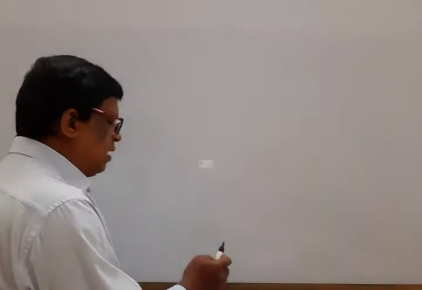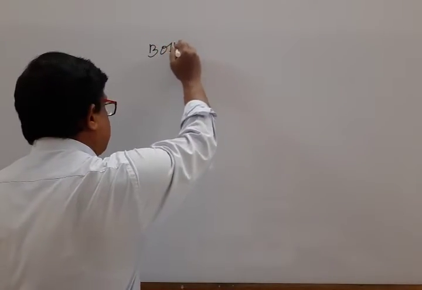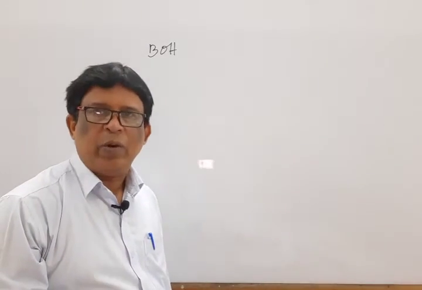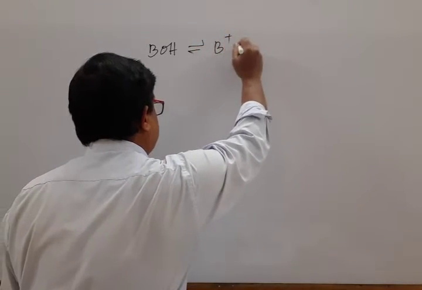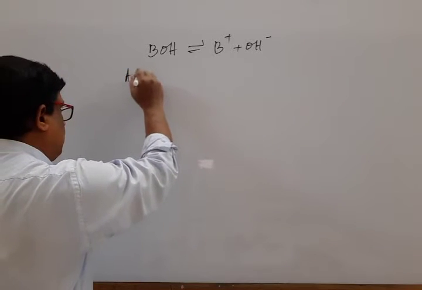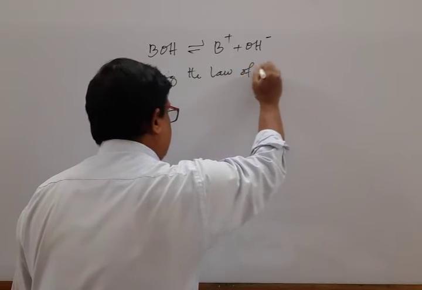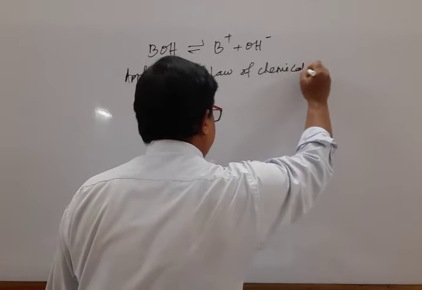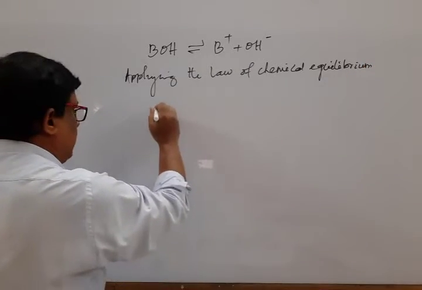So let us consider weak base. As we discuss basic buffer, that is equimolar mixture of weak base, symbolic representation is BOH. Let us consider weak base BOH. By definition, it ionizes partially to form B plus and OH minus. Now, applying the law of chemical equilibrium, we have Kb.